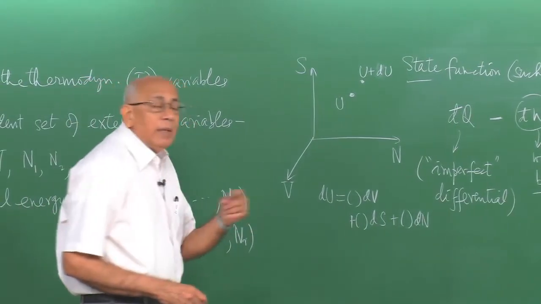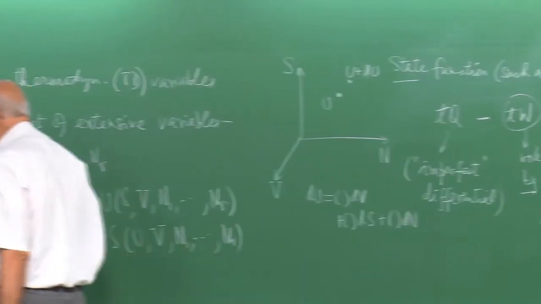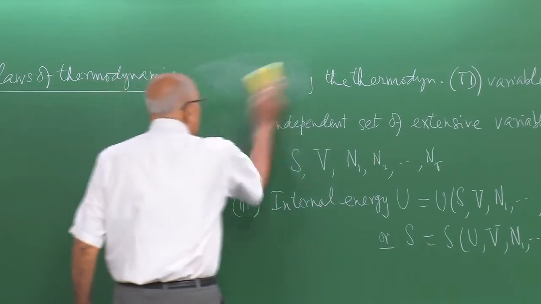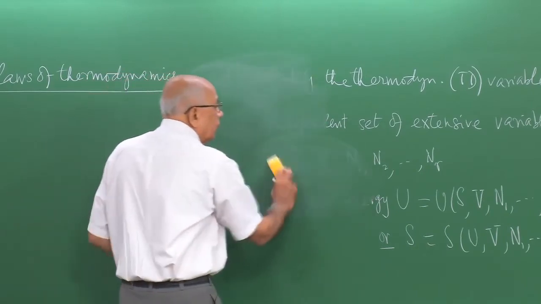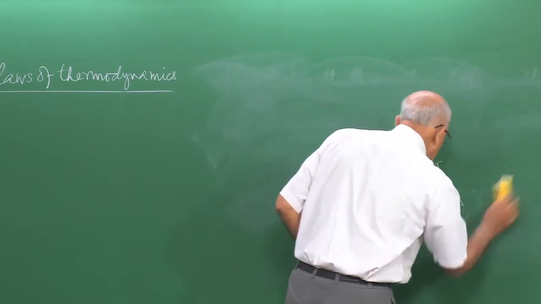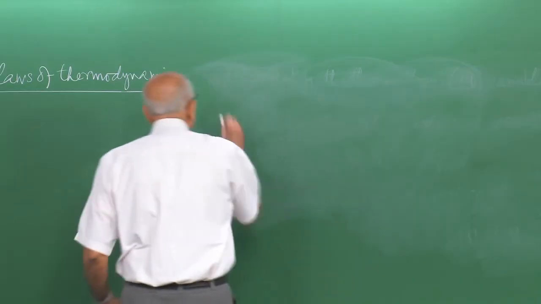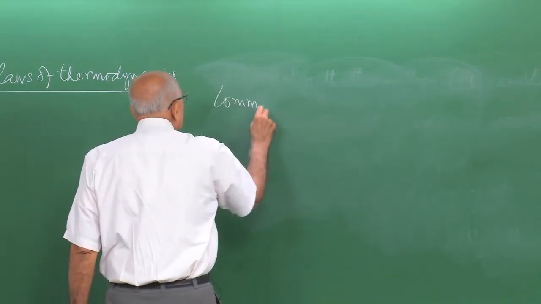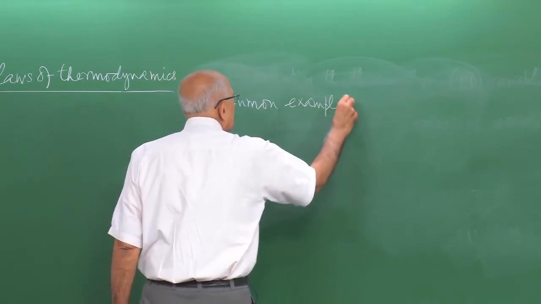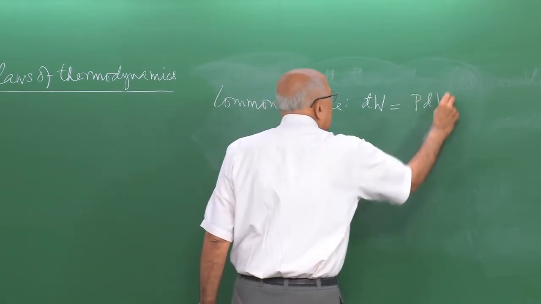Now the most common example of dw will immediately make the position clear. The most common example is the case in which dw arises from a gas, for instance, which undergoes expansion. dW is equal to P dV.